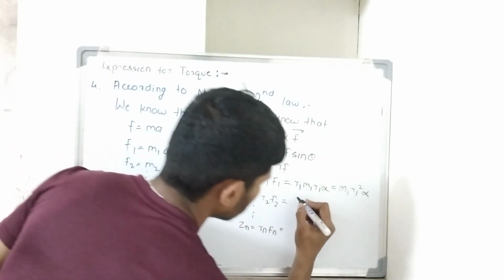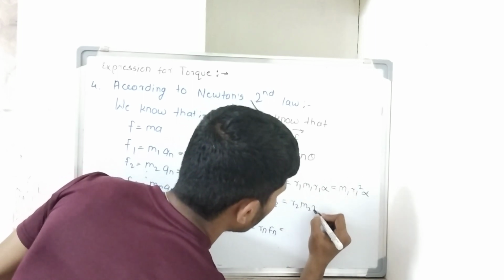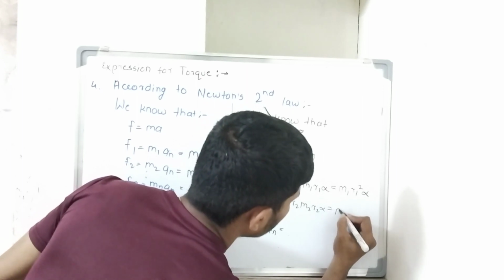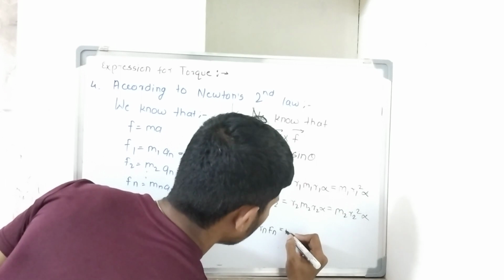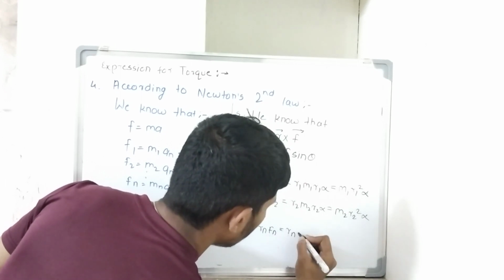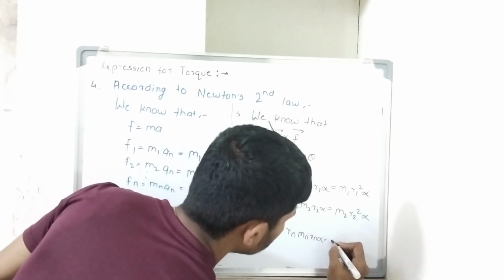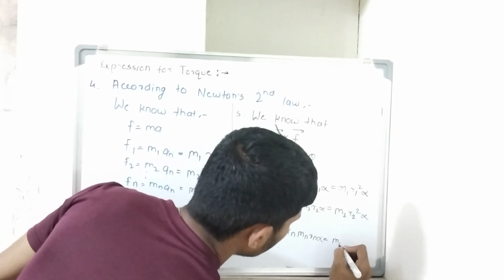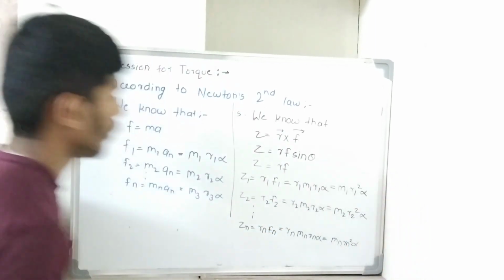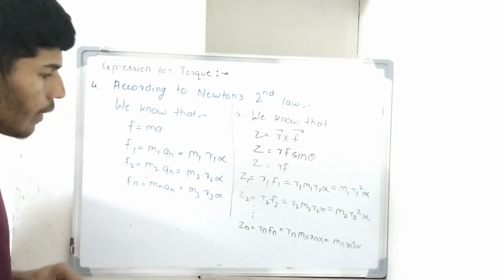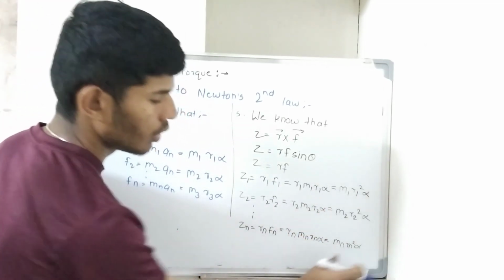Understand? Such that r2 into m2 r2 alpha will become m2 r2 square alpha, and rn into mn rn alpha will become mn rn square alpha. Understand? So these are the final expressions for the torque.